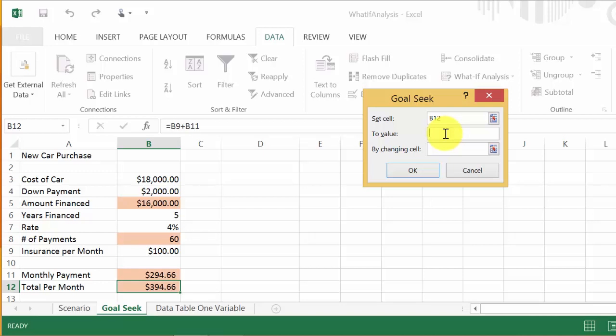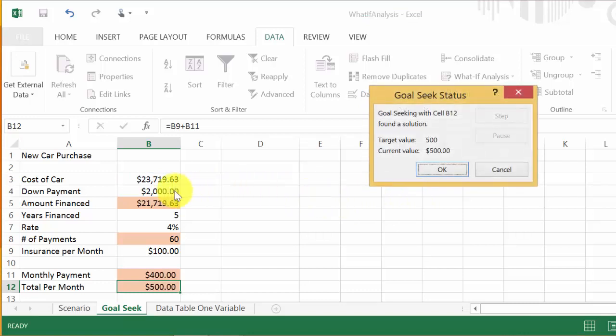I can afford a $500 a month car. So now I can afford a more expensive car. Let's see how expensive a car I can get. I hit OK. So I can buy about a $24,000 car.